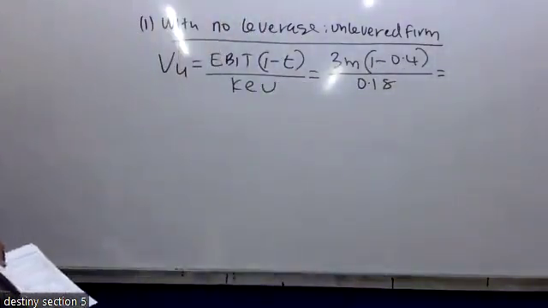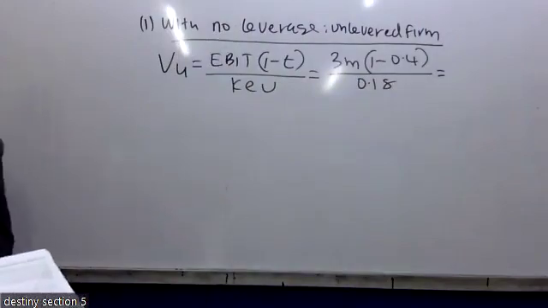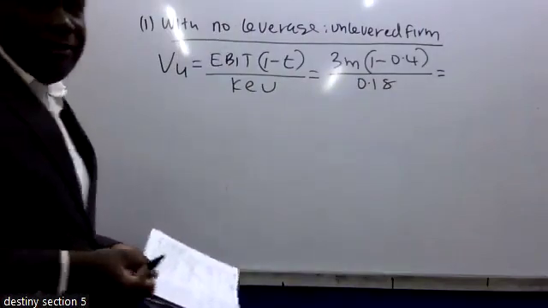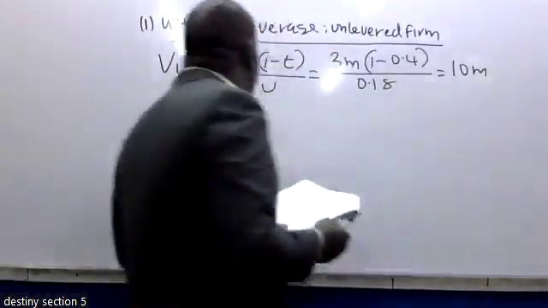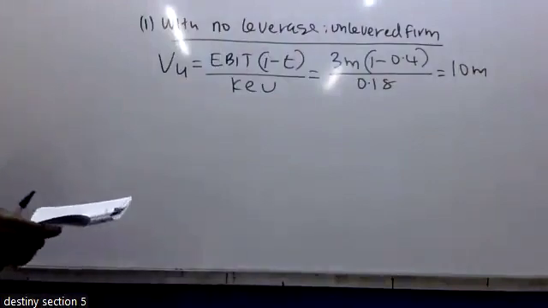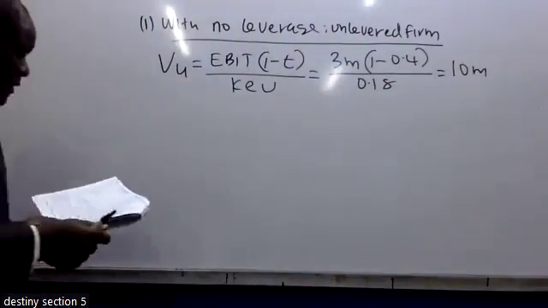That now gives us the value for the unlevered firm of 10 million.